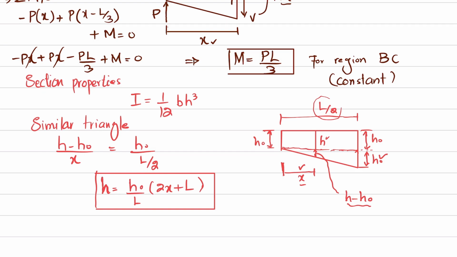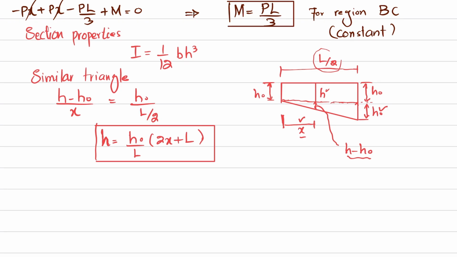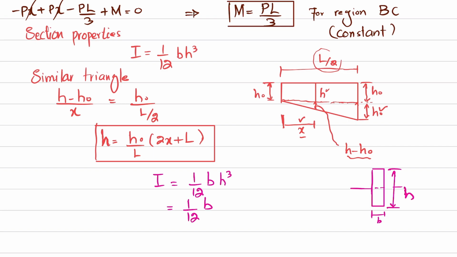Okay, now we know that I is equal to 1 over 12 breadth into h cube. So if you take the cross section of this, this will be the neutral axis, this is its b, and this is its height h at any instant. So again you can just put the value 1 over 12, b is as it is. Clear?